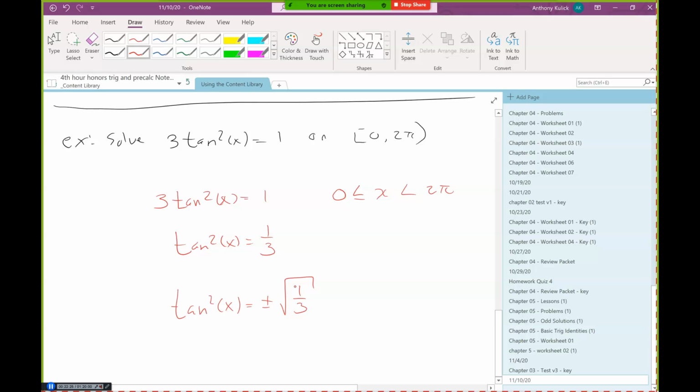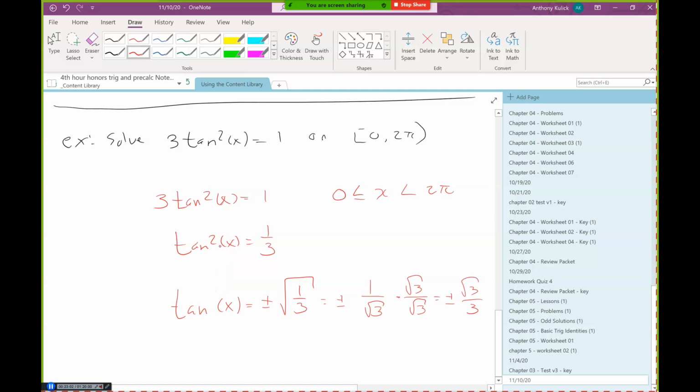And do you remember how to square root a fraction? You just square root the top and square root the bottom. So the square root of 1 is just 1. But we don't like to leave a fraction with a square root in the denominator, right? So how did we fix that? We rationalize the denominator. So that makes root 3 over 3. Oops, I don't know why I wrote the squared there.